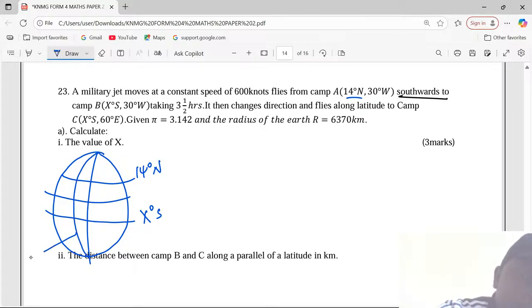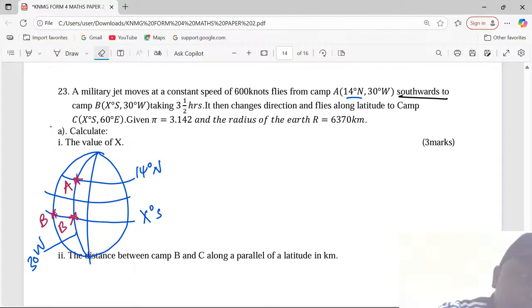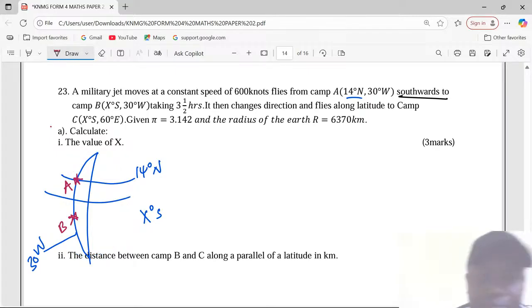This is 30 in the west, meaning that B is somewhere here. No, B is somewhere here, and A is somewhere here. Yeah, that way. So that's what we are having now. That is exactly what we're having along a great circle.